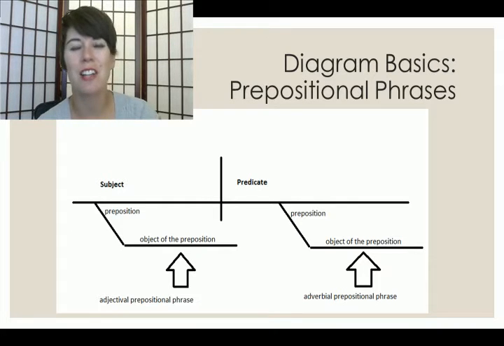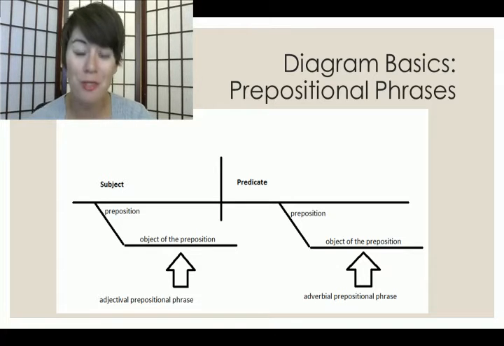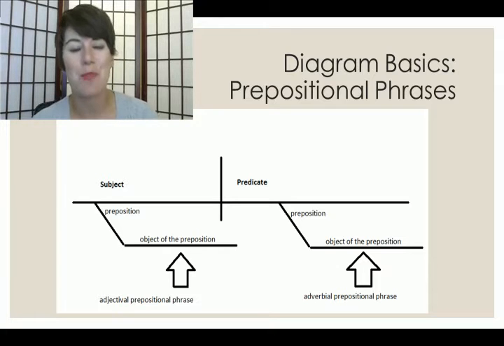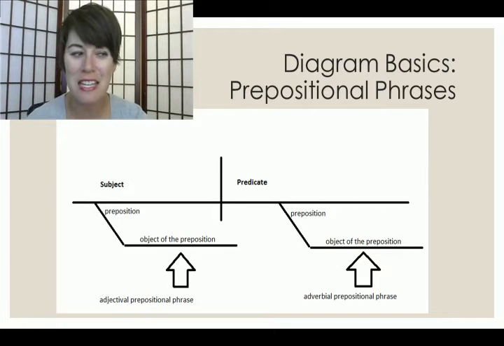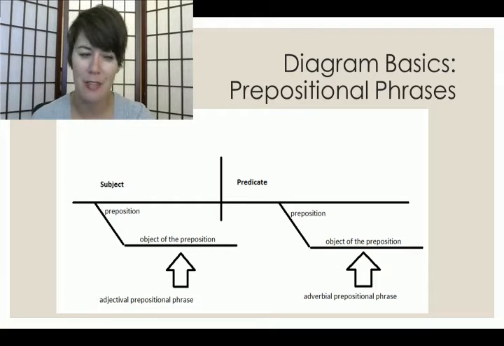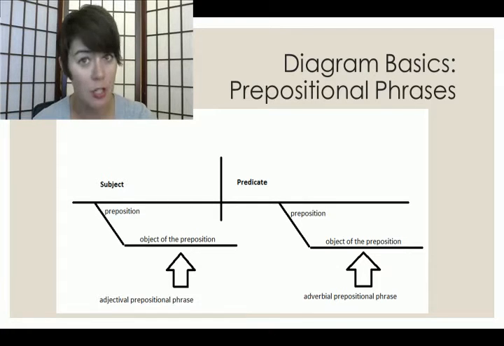We can also talk a little bit about prepositional phrases here before we dive right in to our actual sentence patterns. You'll recall from Chapter 2 that a prepositional phrase could be either adverbial or adjectival in function. If it is in fact an adjectival prepositional phrase, remember we diagram it under the noun it's modifying. If it's an adverbial prepositional phrase, we diagram it underneath the verb it's modifying.